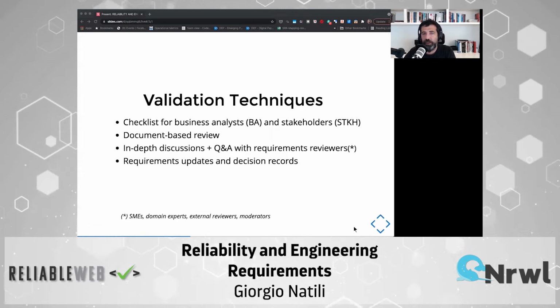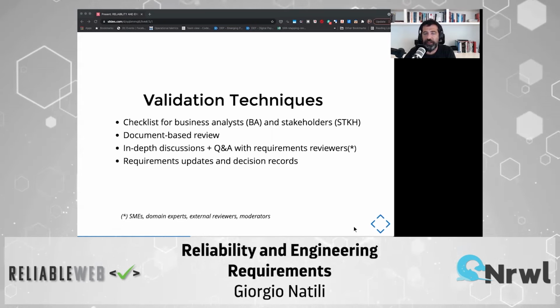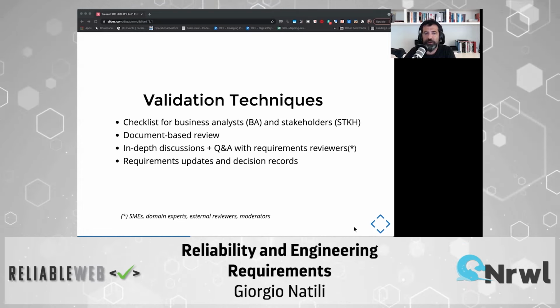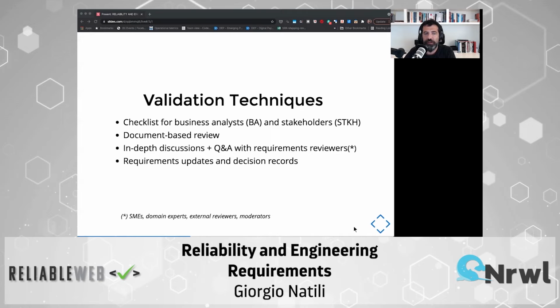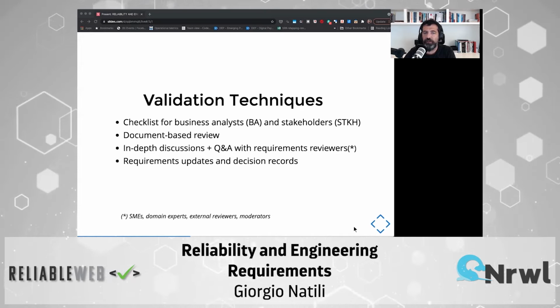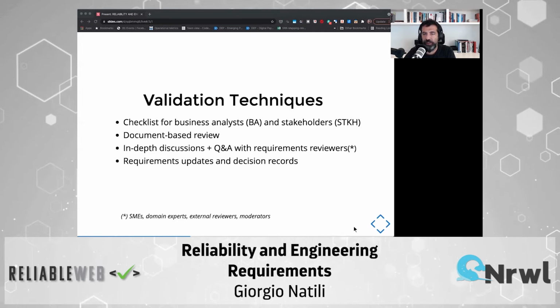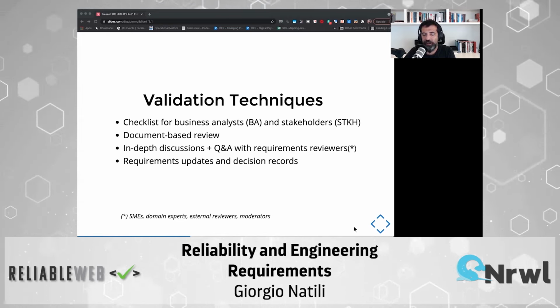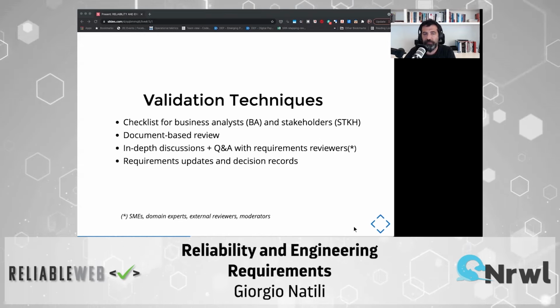Two other tools that you can use are having an in-depth discussion, of course with question and answer, with your requirement reviewers, and what I call decision records, that are nothing more than changes that can happen to a requirement when you discuss them that align more stakeholders.